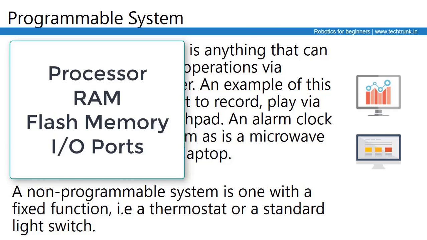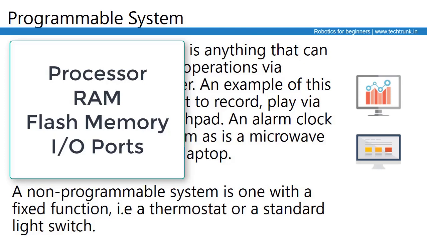Now, for designing a small-scale programmable system, we do not need these features as much as we have in computers, like RAM in GBs, flash memory of 500 GB or 1 TB, and processor speed in gigahertz. We need these resources, but not in this much quantity.